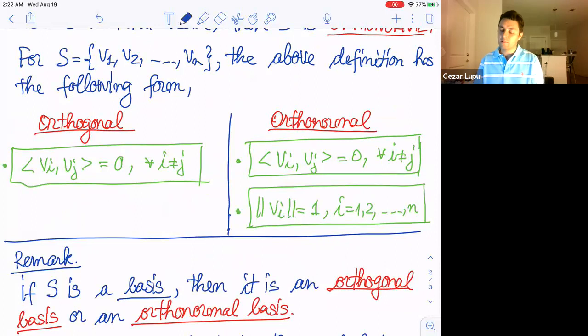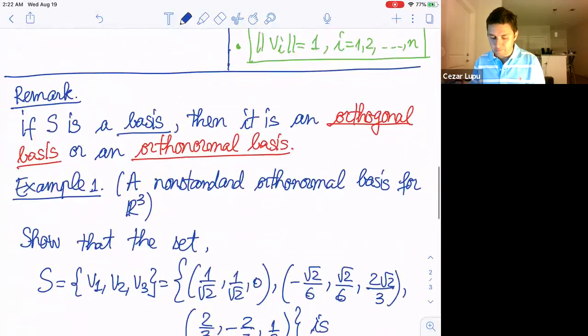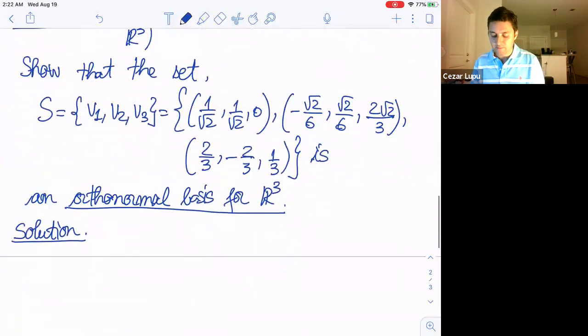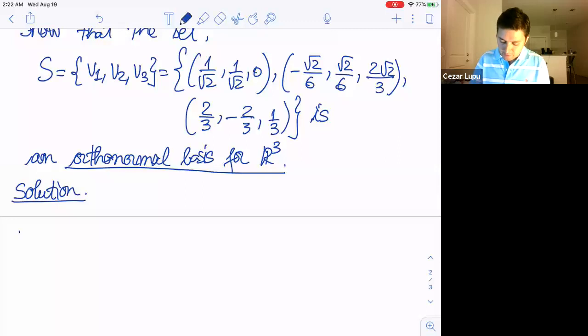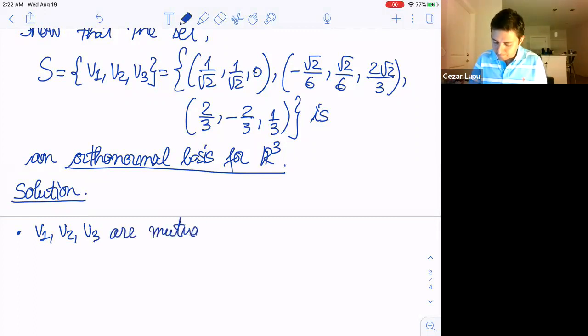If I show these two things, then S is an orthonormal basis for R3. First, let's show that V1, V2, and V3 are mutually orthogonal.